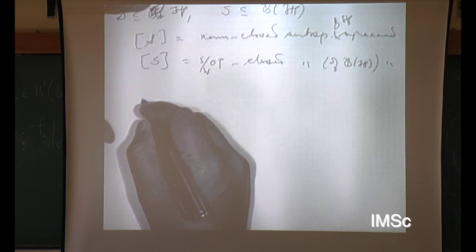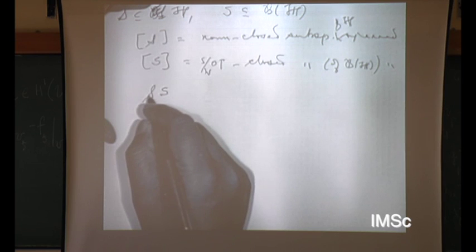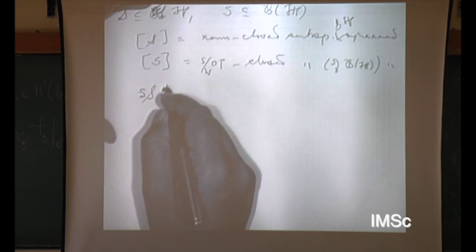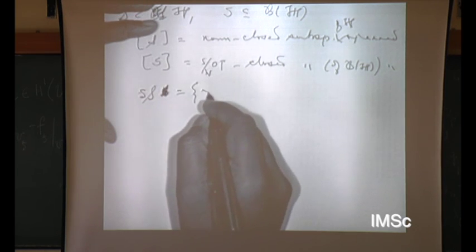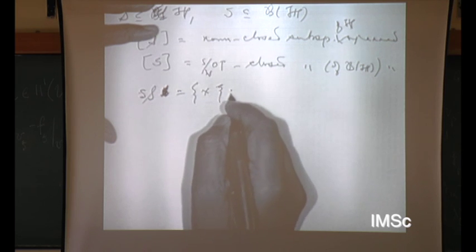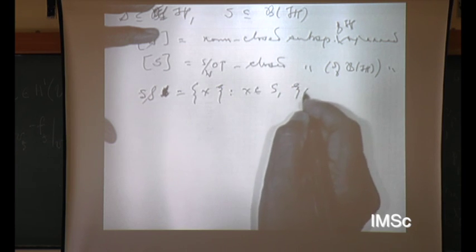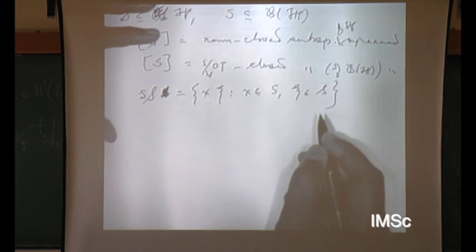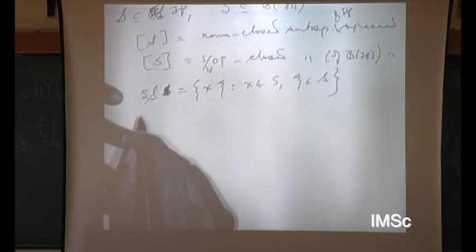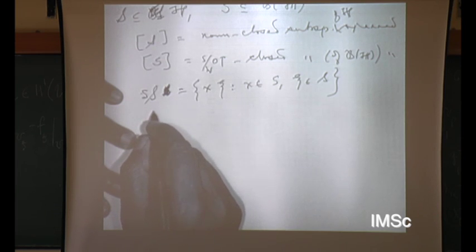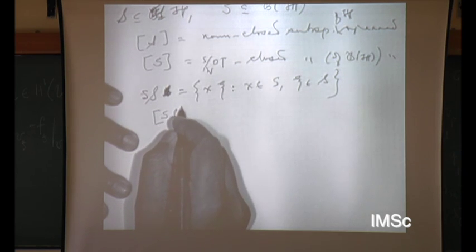And we will write, sorry, the other way. This will mean all things of the form x psi, where x is in S and psi is in S. And so we write this, then what is this?